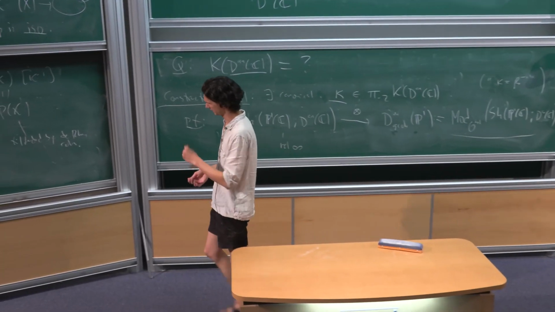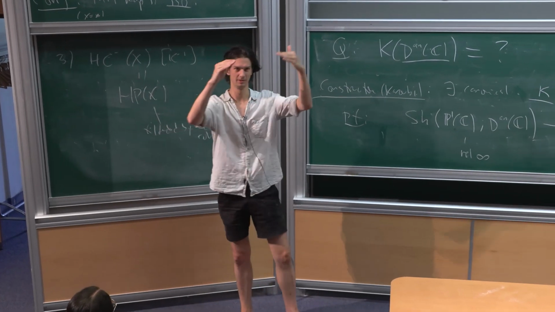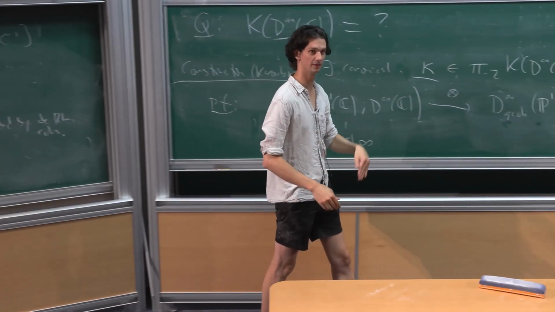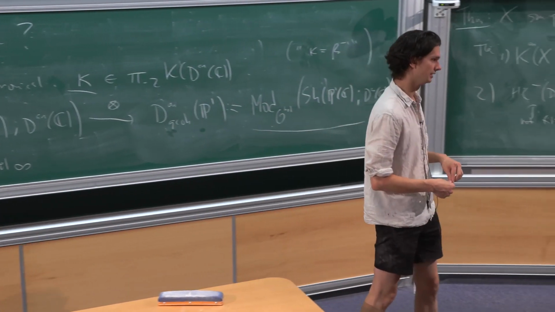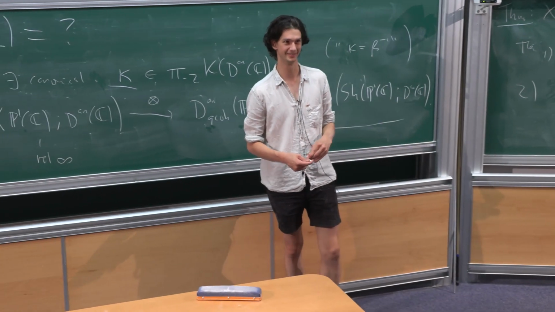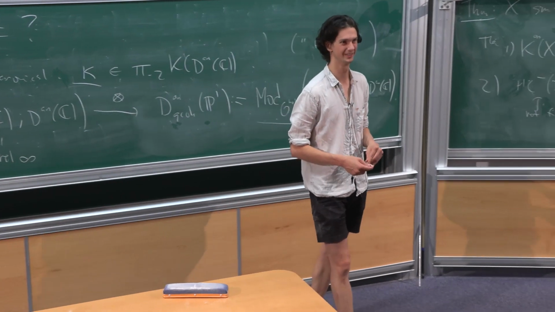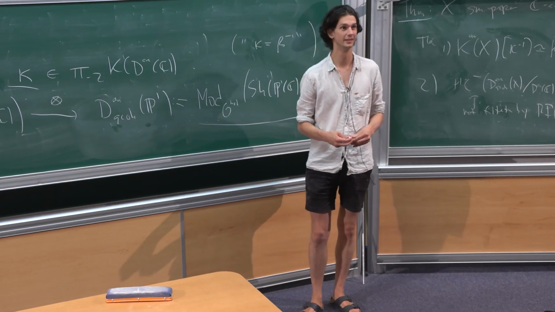And all I know about that case is that this comparison map is an isomorphism in non-positive degrees. I believe I could get K1 if I really sat down and worked hard. But if you ask me about K2, I have no idea.